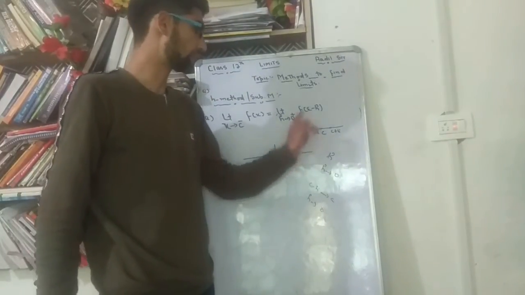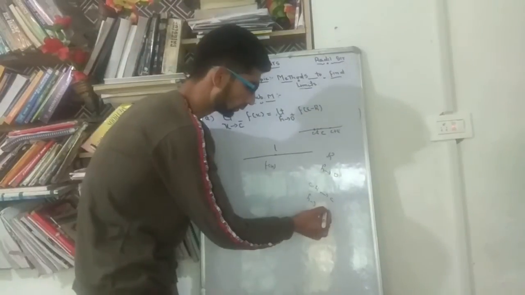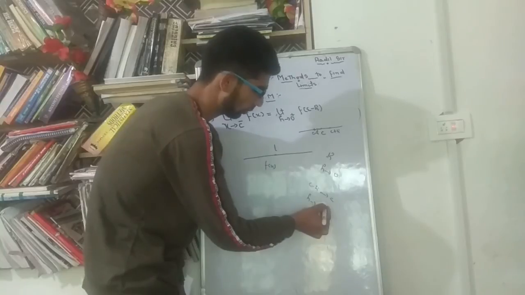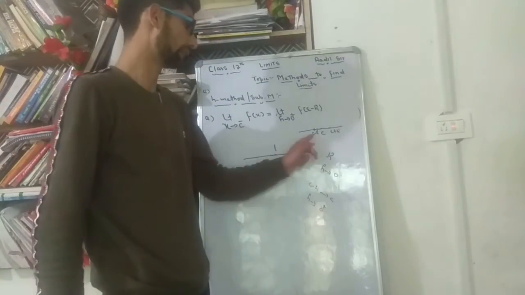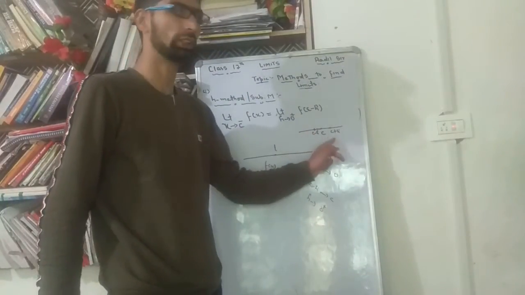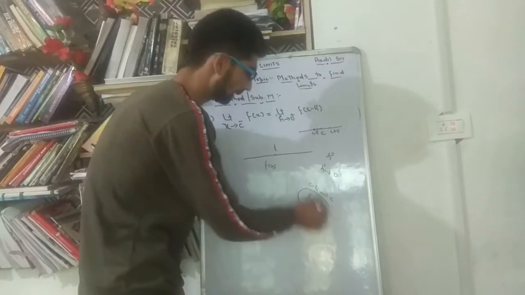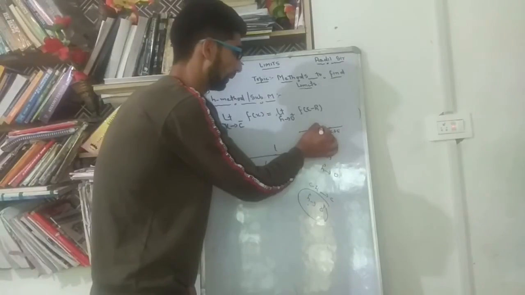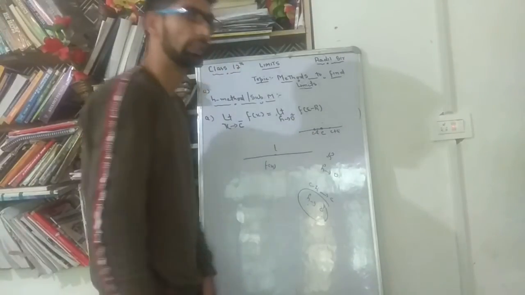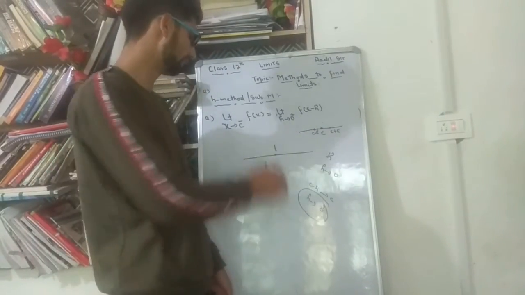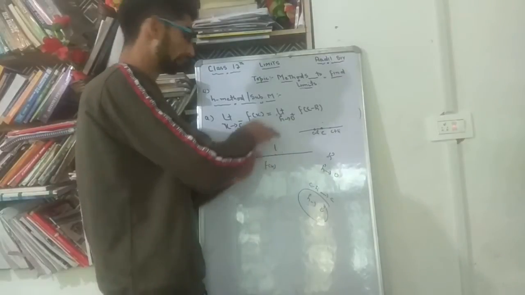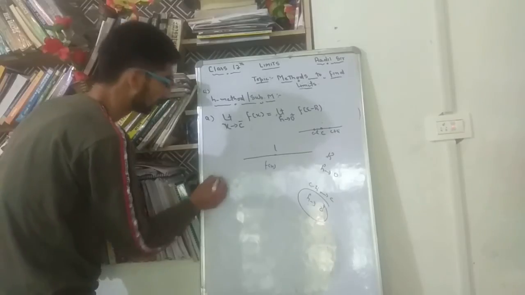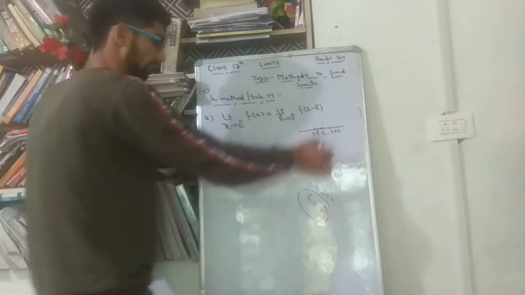When I am talking about right, at that time I have to make this h tends to 0 positive, because I have to go from this c minus h to this C. So when I approach this distance to 0 positive, I will get back to our point C, and similarly I will get back to the point L.